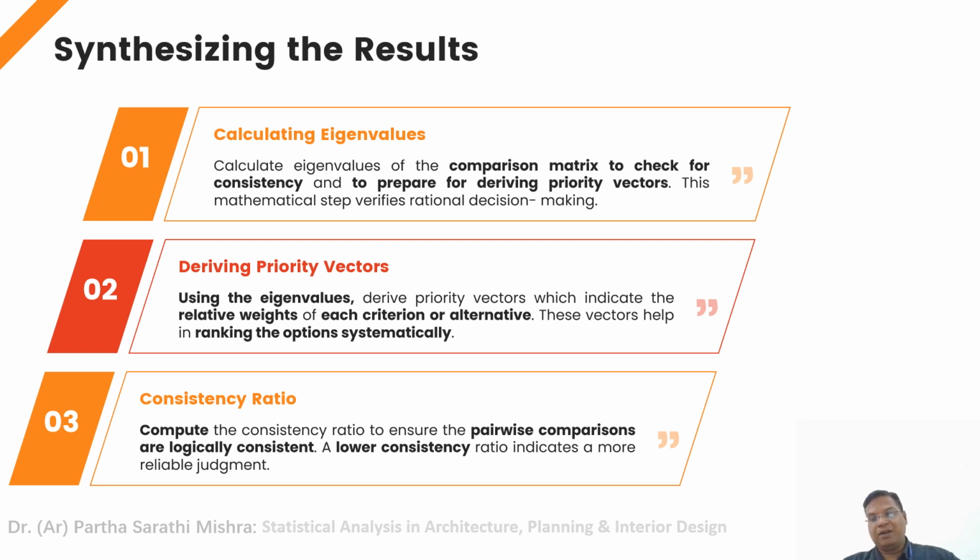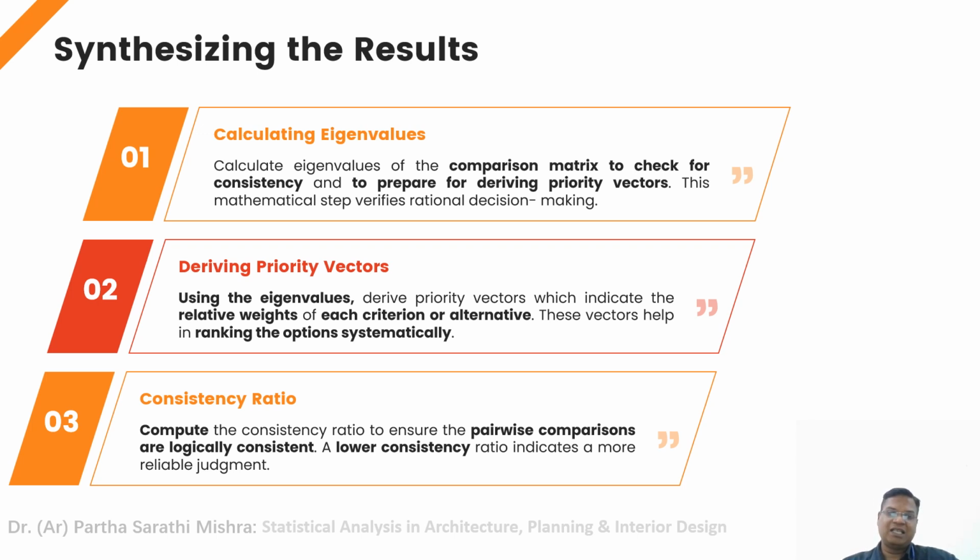Relative importance of the parameters means, suppose we have five parameters, which one is the most important parameter? At the same time, I want to say that if we calculate the weights of the parameters, then when we combine everything, the total will be equal to 100% or equal to 1.